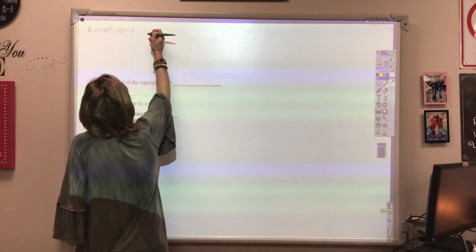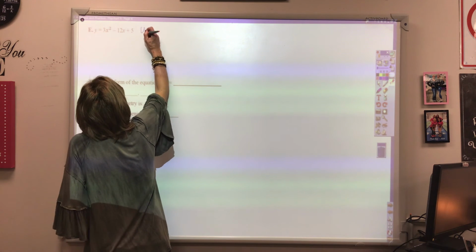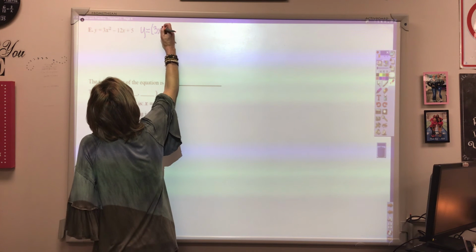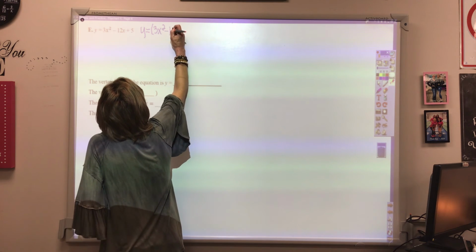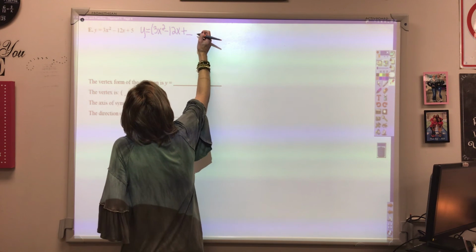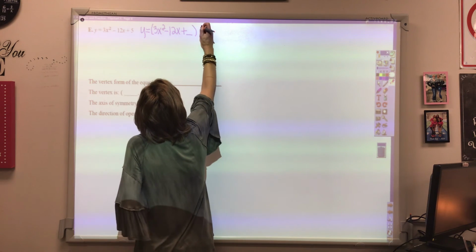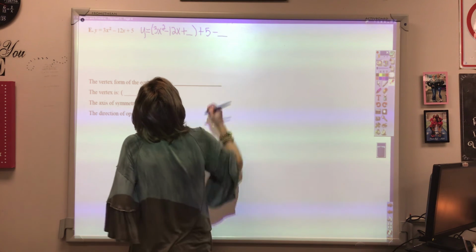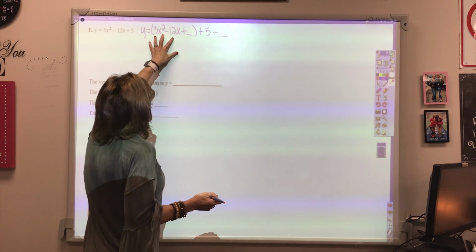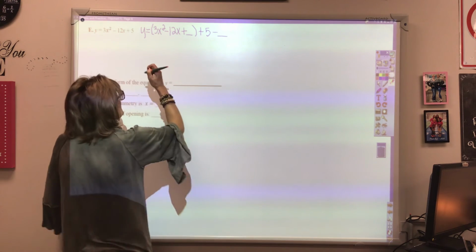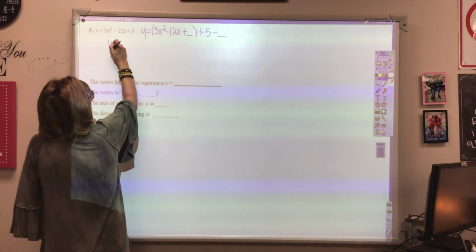Okay, let's start with writing this as y equals, put in parentheses, 3x squared minus 12x plus a blank. On the outside, put plus 5 minus a blank. Notice that 3 is the greatest common factor inside of the parentheses, so we first want to factor that out.